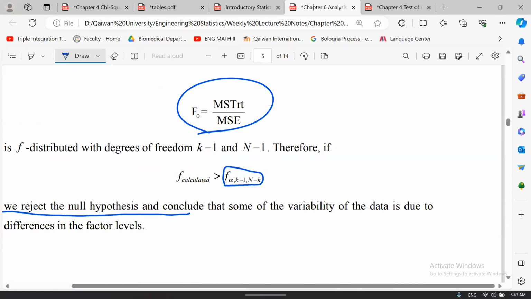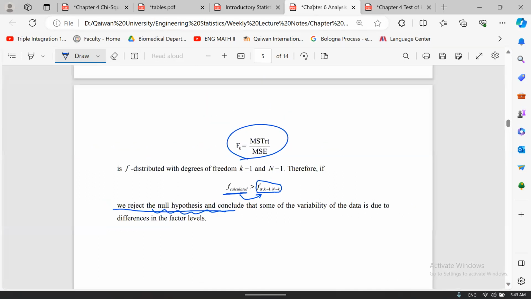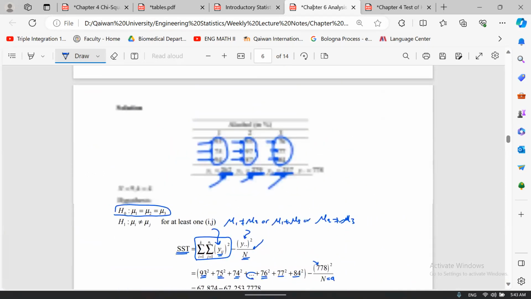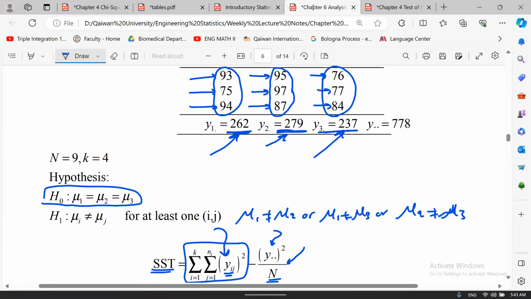We say if F calculated is greater than F from the table, we reject the null hypothesis. Our null hypothesis in this example is that all the types of alcohol, as we have 3 types of alcohol, have equal means.